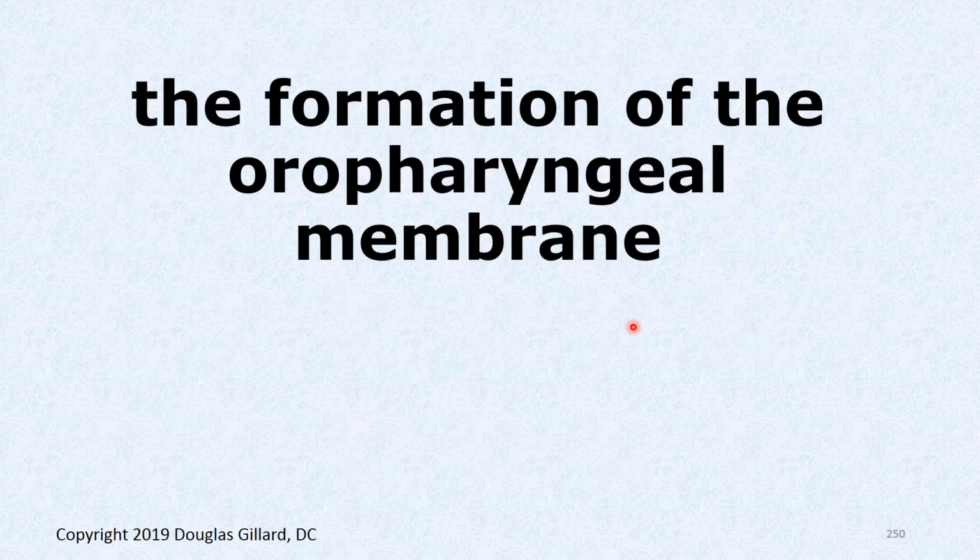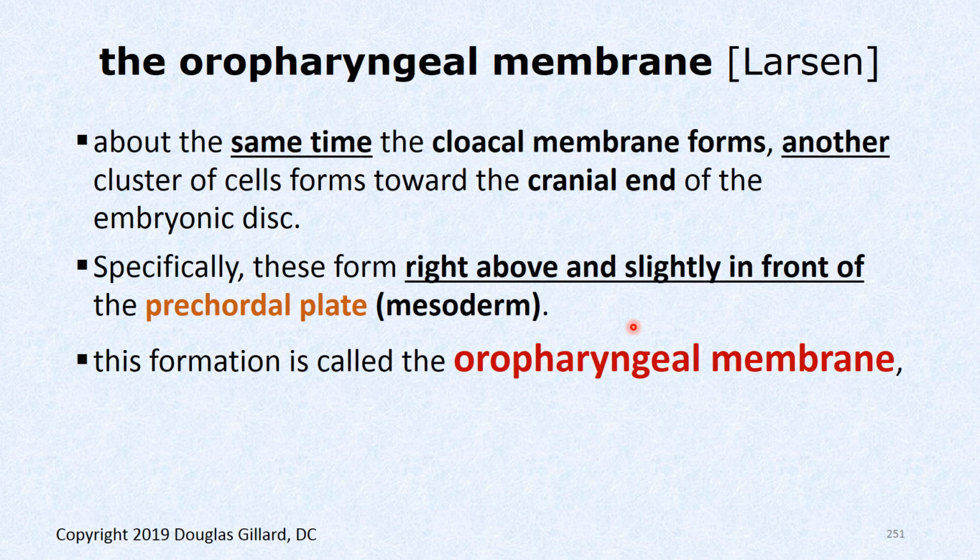The oropharyngeal membrane is almost the same thing. About the same time as the cloacal membrane forms, you get a cluster of cells where the epiblast and hypoblast bond really tight together. This is going to occur right above, more anterior, more cranial to the prechordal plate.